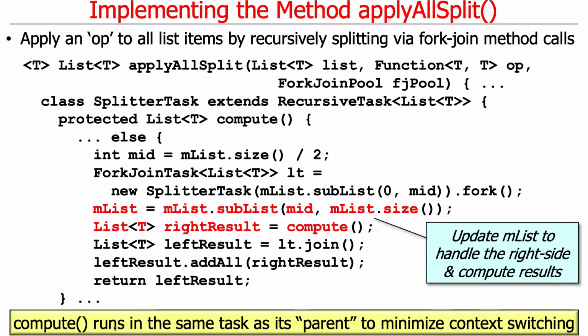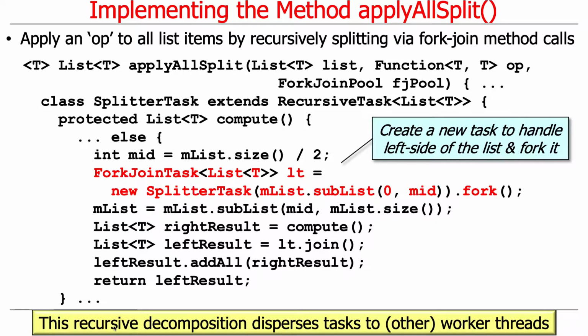Then what we do is we update mList, which is the current list in this fork join task object, this splitter task. For the right-hand side, we set mList to be a sublist from mid to the end of the list. So this is the right-hand side of the list. This guy up here handles the left-hand side of the list.